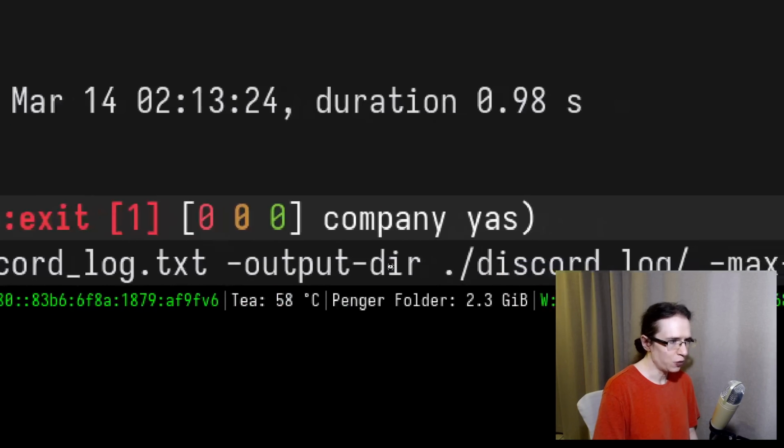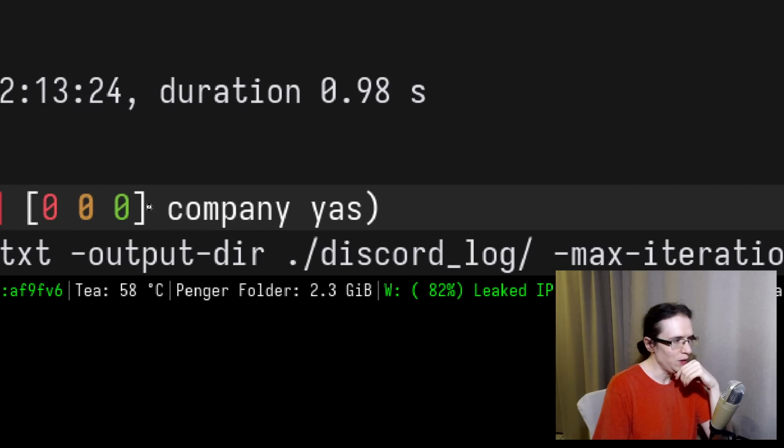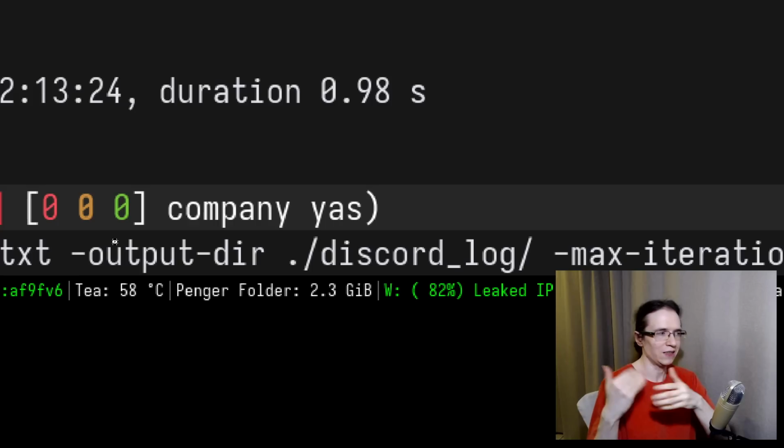And then we have to provide the output directory, right? The reason it's an output directory and not a file, as in the previous session, is that I implemented it so it snapshots the current state of the process every few iterations, and you can customize how frequently it does the snapshot.